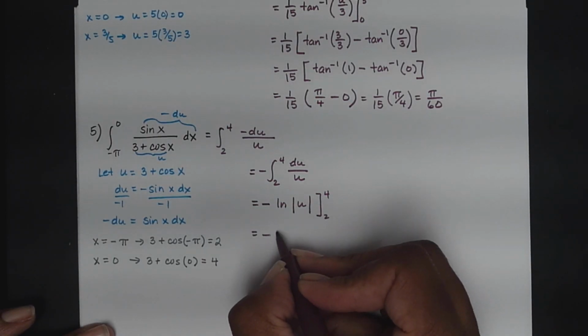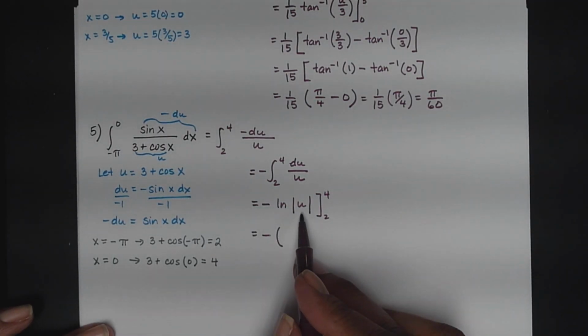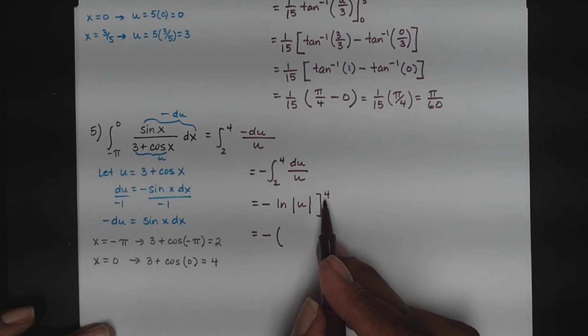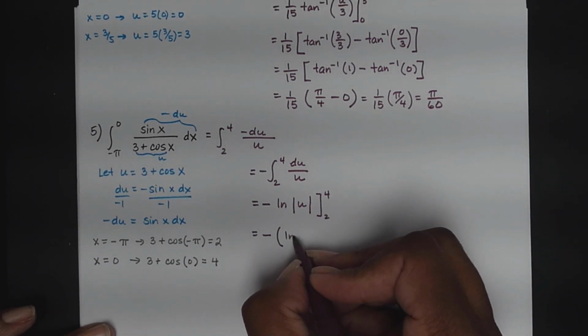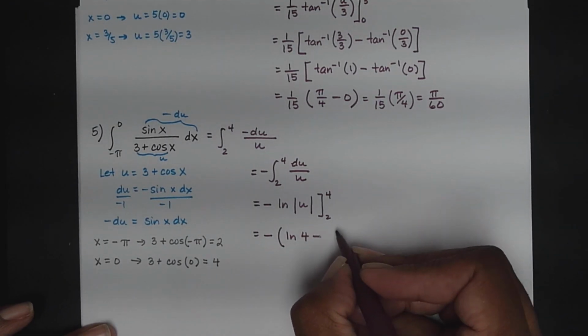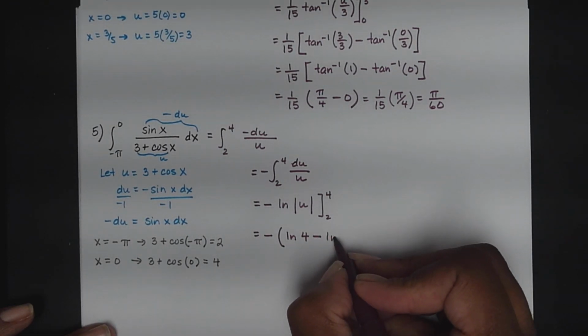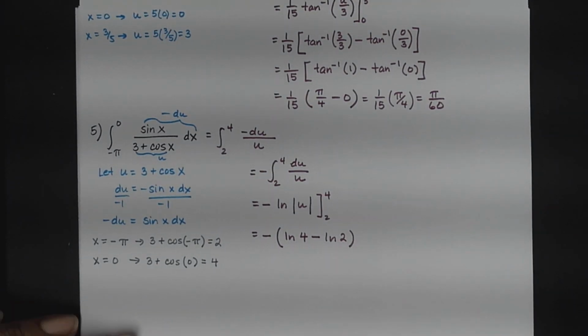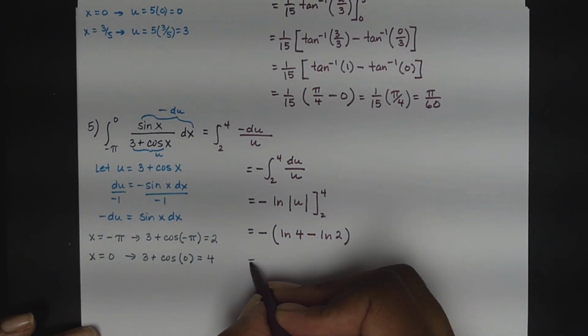Now I'm going to bring down the negative sign and just focus on the natural log of the absolute value of u, from 2 to 4. Our upper limit is 4, so this will be ln of the absolute value of 4, which is 4, minus the lower limit. Natural log of the absolute value of 2 is 2. There's a property that says this.